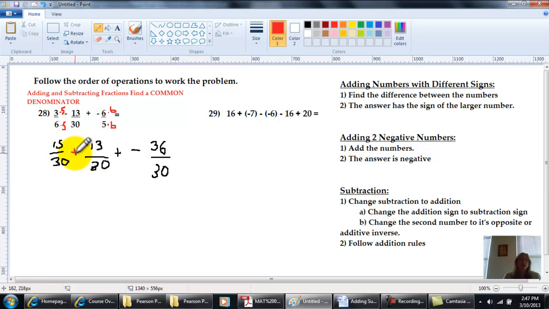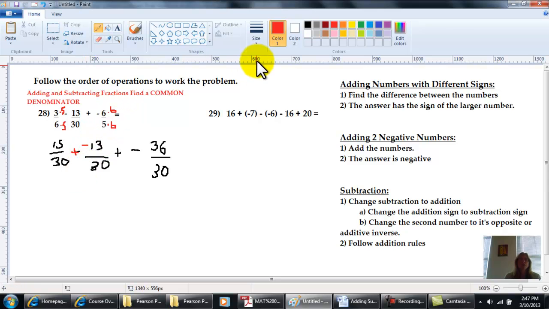So when adding fractions, when you find the common denominator and you add the numerators, follow the rules of adding for numbers with different signs, because these numbers have different signs, and that's find the difference between the numbers, find the difference between 15 and 13. And remembering, we're taking it out of context.